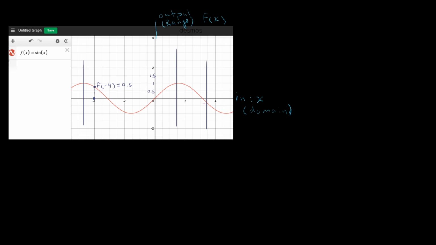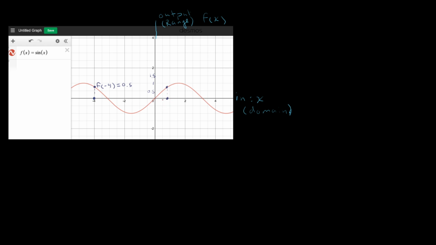But notice what's happening with running it the other direction. Any given output, well, where else do we see an output of 0.75? If we were to draw a horizontal line, we would also see that output right about here, corresponding to an input of about 0.75.